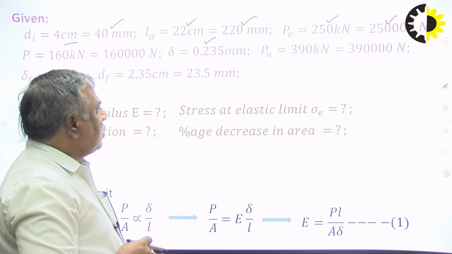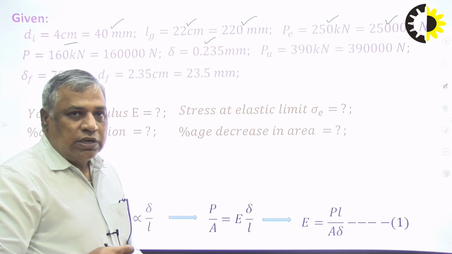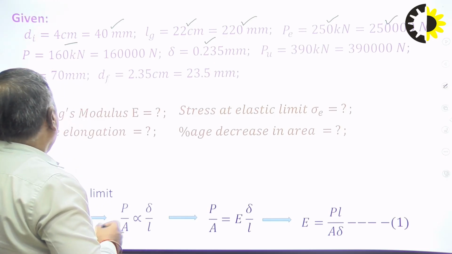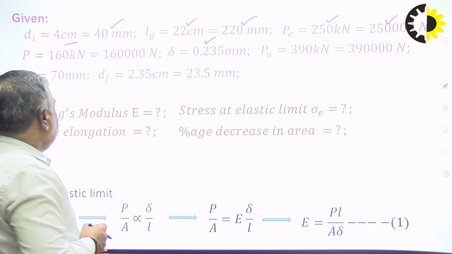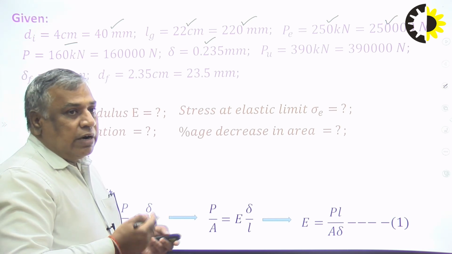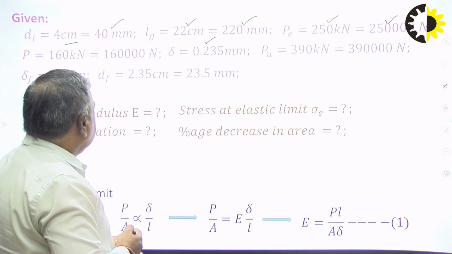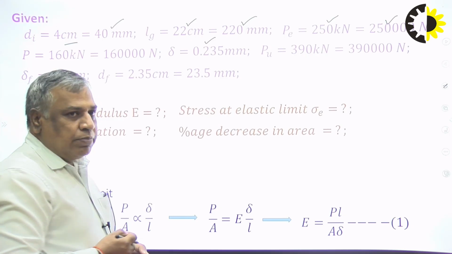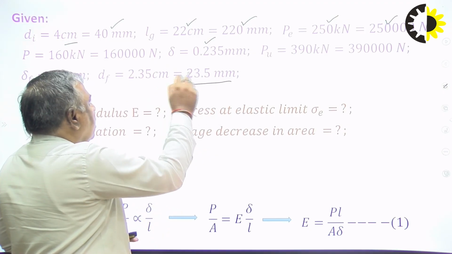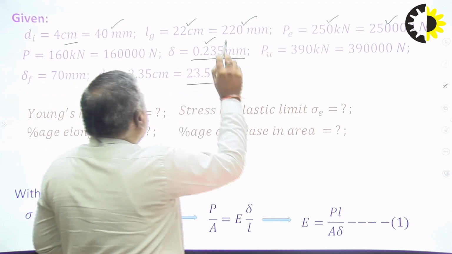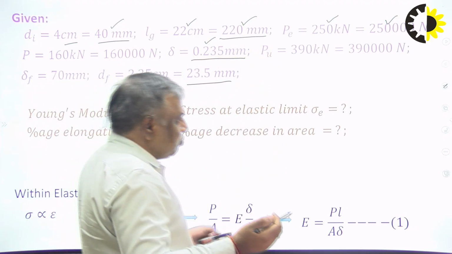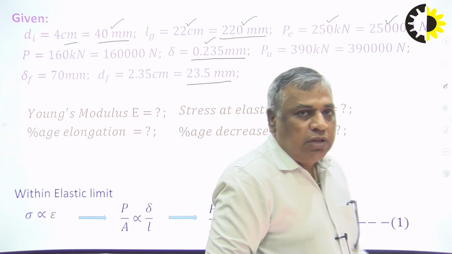Ultimate load is given 390 kilonewton, that is 390,000 Newton. Delta F, that is total deflection, is 70 millimeter, and the final diameter where it got fractured, DF, is 2.35 centimeter or 23.5 millimeter. So here you can notice that I have converted the units as required. We use Newton and millimeter.